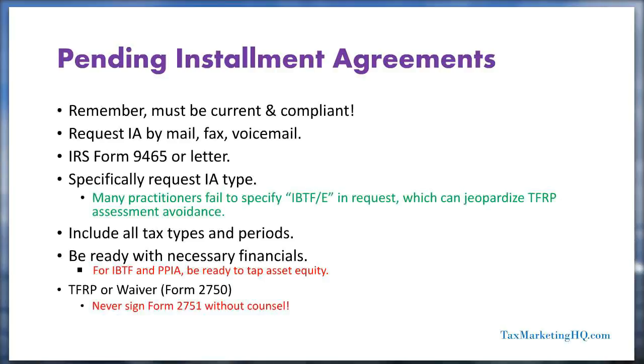It's the return form for the 1153, and it accepts the trust fund recovery penalty, personal assessment, and waives appeal rights, okay? Not to be confused with the 2750, which extends the ACED voluntarily, okay? Very important to keep those 2 forms separated, even though they're very close in number.